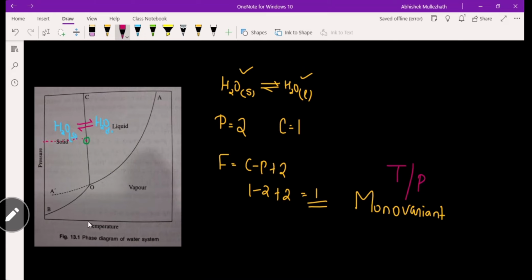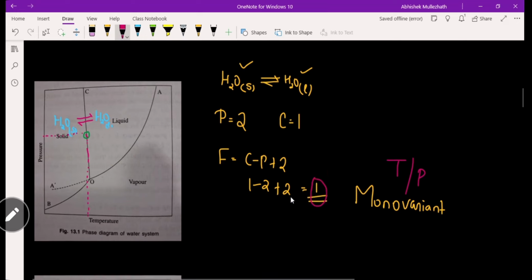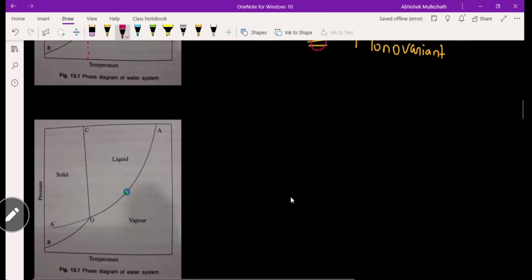Or if you only know the temperature, you can exactly point out that the system is at this particular point, and simultaneously you can also say what the corresponding pressure or temperature would be. So either one variable would be required to define the system, hence the value of F comes out to be 1. The system is monovariant at this particular point.